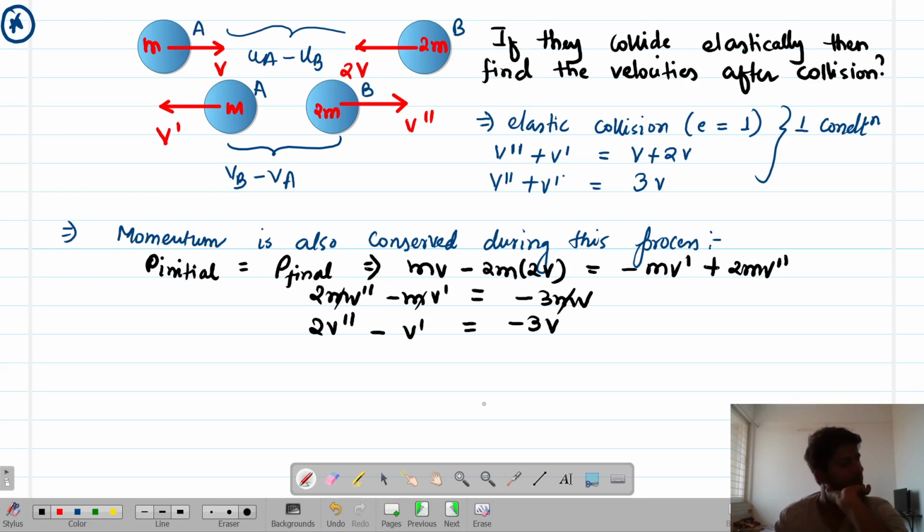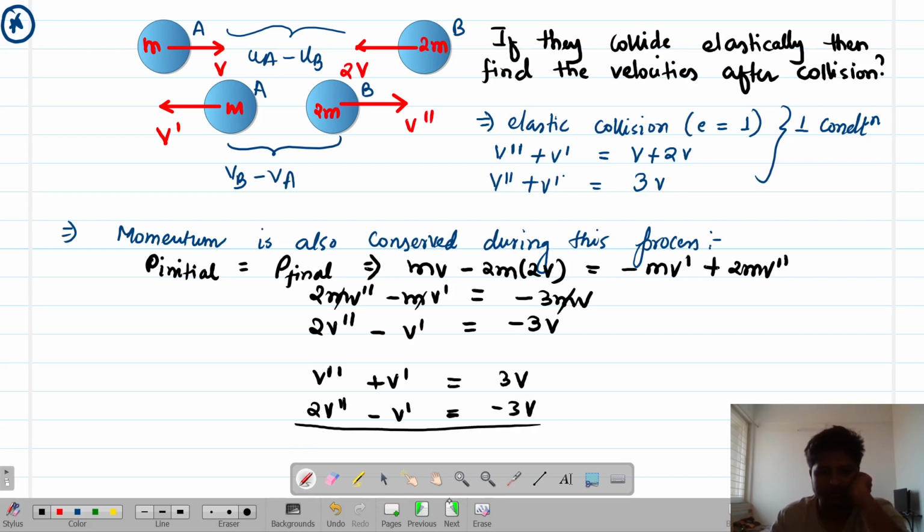Are you able to get me or not? Is that clear? So if I just solve this equation, we get v double dash plus v dash is equal to 3v, and 2v double dash minus v dash is equal to minus 3v. Are you able to get me or not?